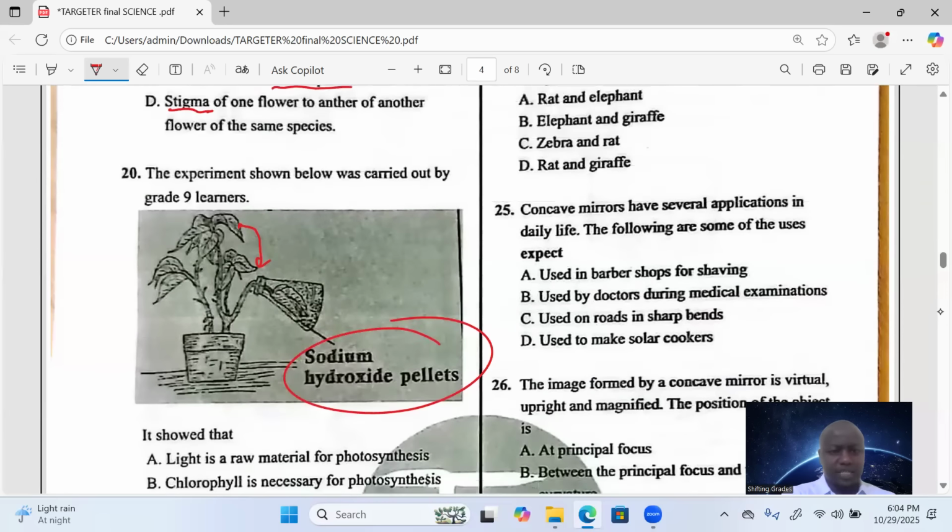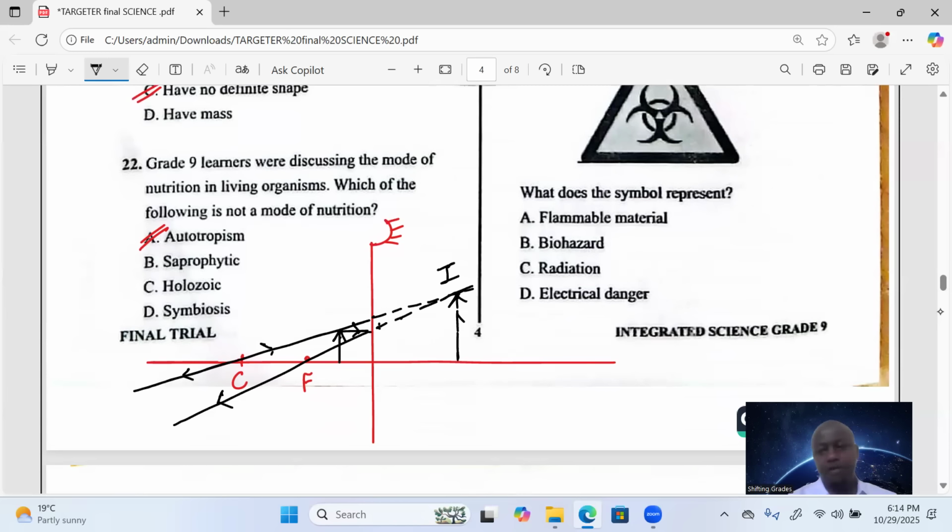You can take some 1 minute to confirm whether the characteristics you are mentioning are really for the position that we are talking about. In case you are told that an object was in front of a concave mirror between the center of curvature and the principal focus, what are the properties of the image formed?